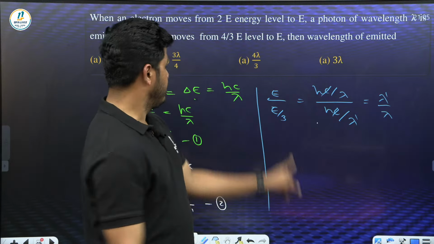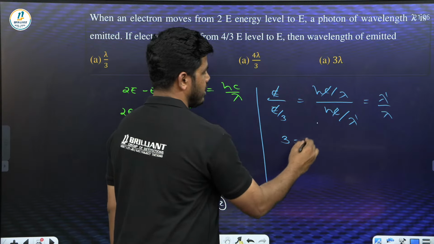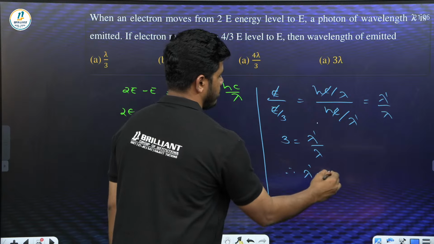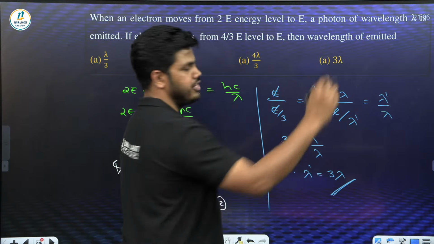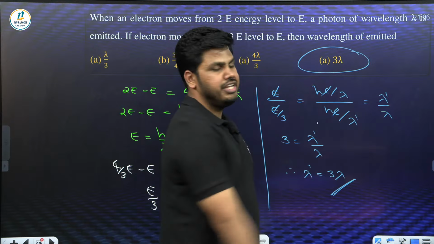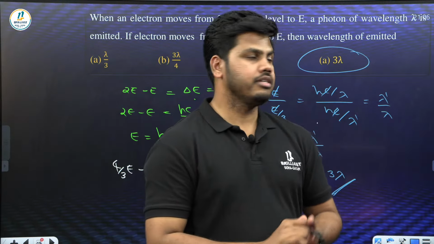And E gets cancelled, 1 by 3 becomes 3. So 3 is equal to lambda dash by lambda. What is your lambda dash now? 3 times the initial wavelength. So the new wavelength emitted will be 3 times the initial wavelength emitted. Okay, that is the final answer.